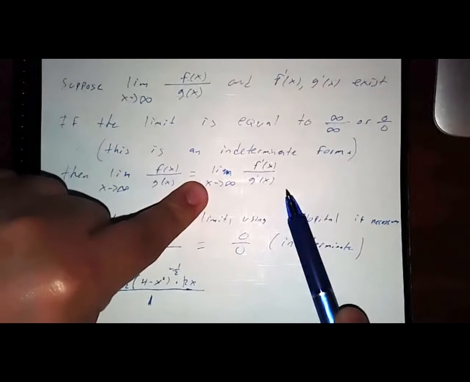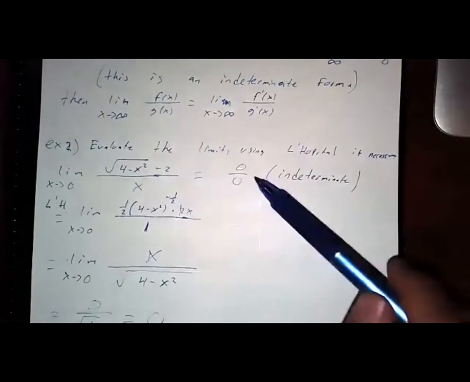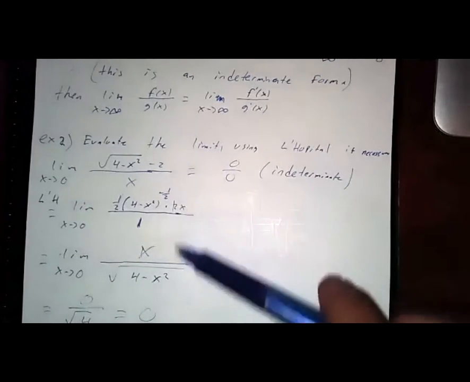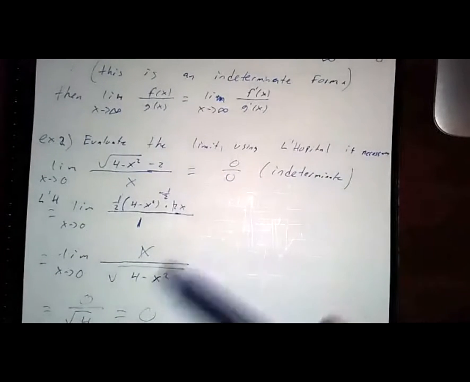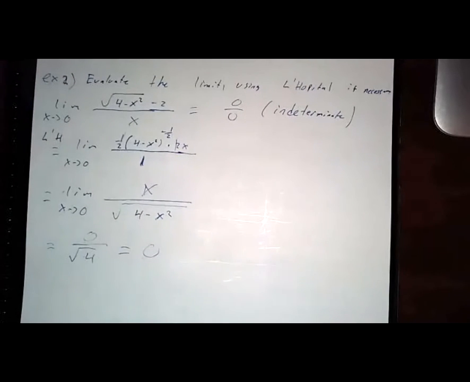That's what we did. So this was not cooperating, so we did L'Hopital. This limit was easy. We got a 0. Does that make sense to everybody? Any questions? That makes sense. Okay.